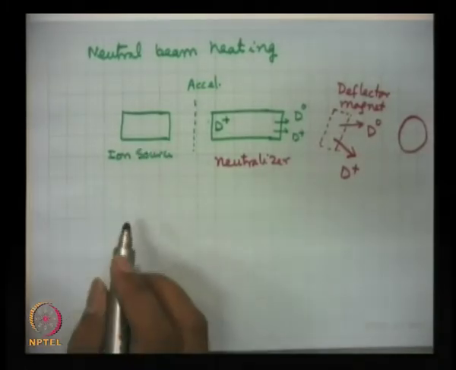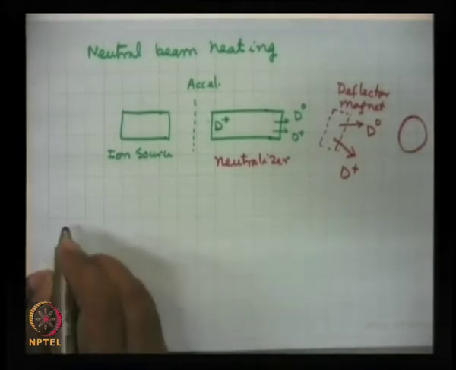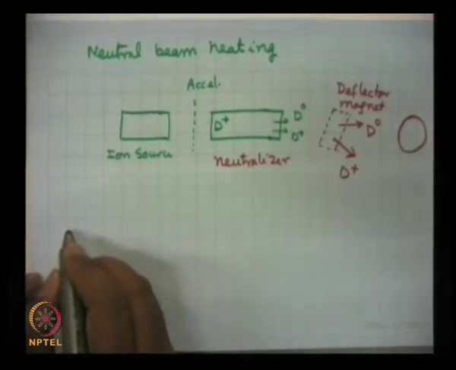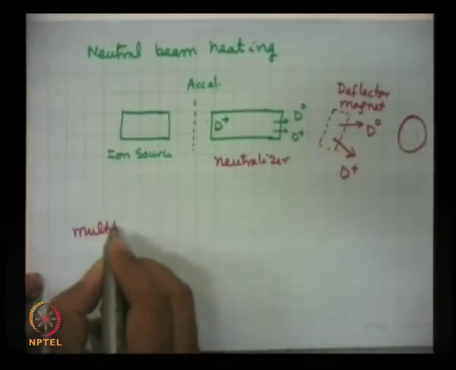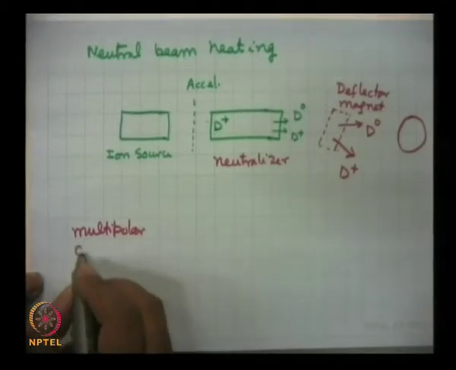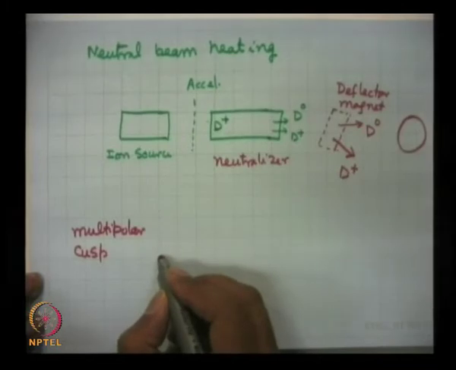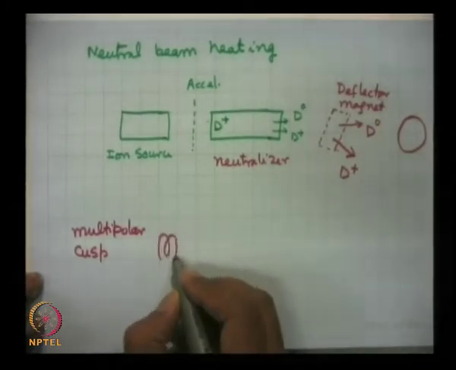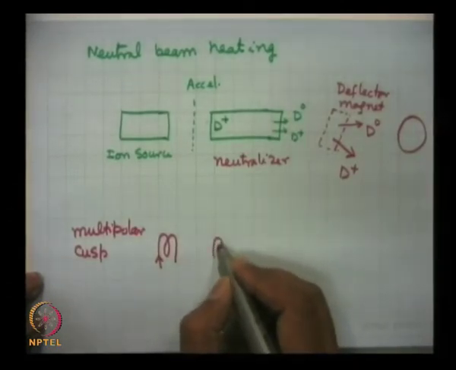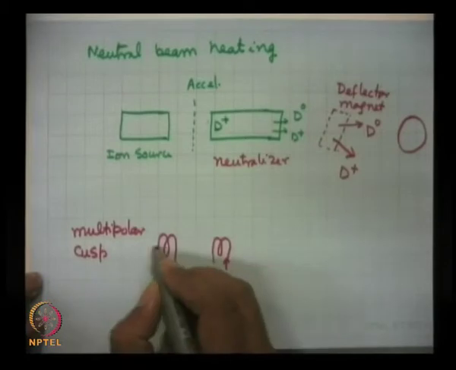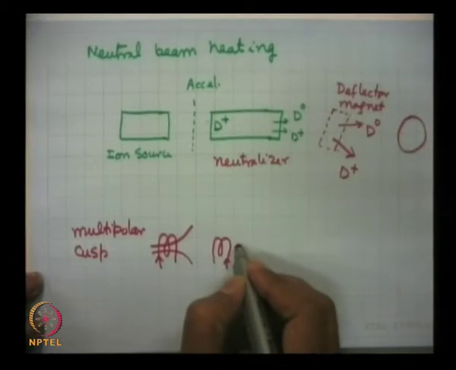And the ion source has a very typical structure. It is called a multipolar cusp. Let me tell you what a cusp is. If you have a magnetic field coil like this, which carries current in one direction, and you have another field coil that has current in the opposite direction, then the lines of force here will be diverging, and from here they will be in the opposite direction.